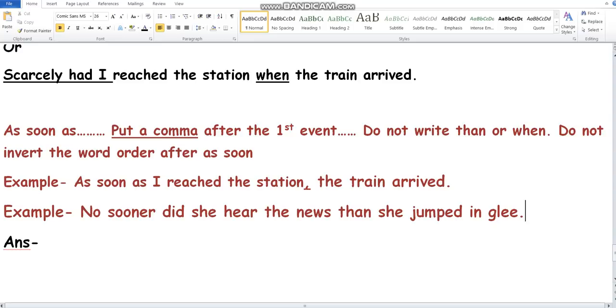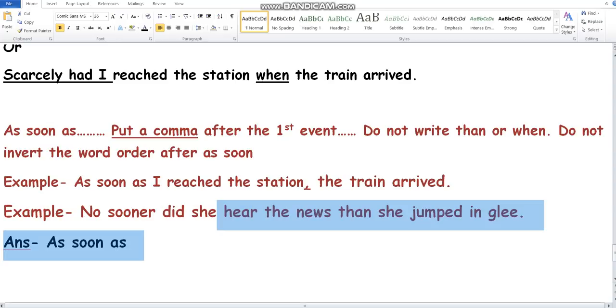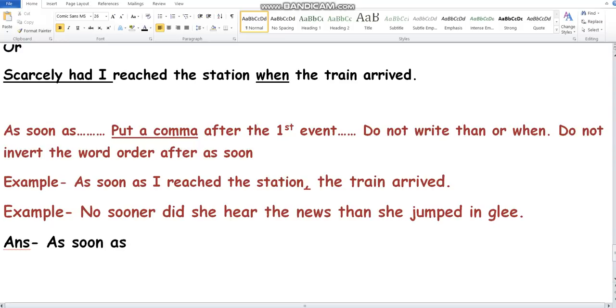For example, if we have to begin the sentence with as soon as, the answer will be as soon as. What is the tense? Here it says, did she hear? If there is no did, this will become heard because the sentence is in past tense.